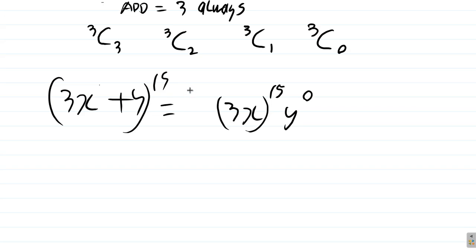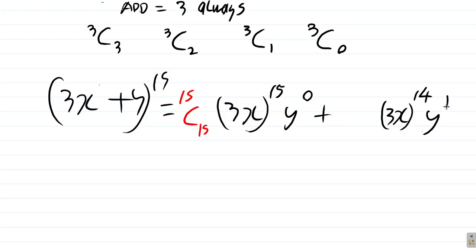We're arranging 3x's, so it's 15 items total, combination 15 3x's, plus there are going to be 14 now. The powers drop from 15 to 14. (3x) to the power 14, y to the power of 1. And then the coefficient will be 15 items to arrange 14 3x's.